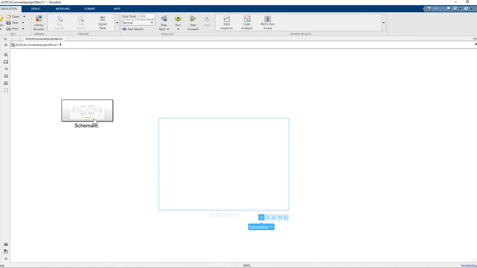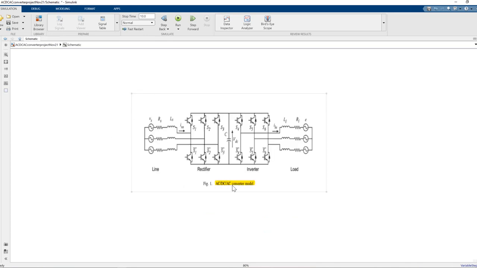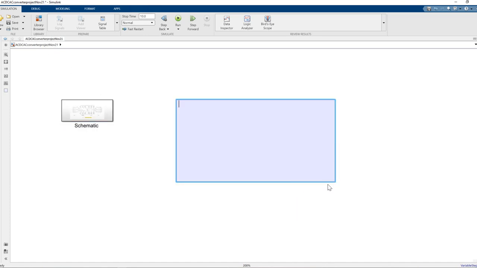So the first one is the schematic here. We have the AC/DC to DC/AC converter model, so I create the AC/DC/AC converter.